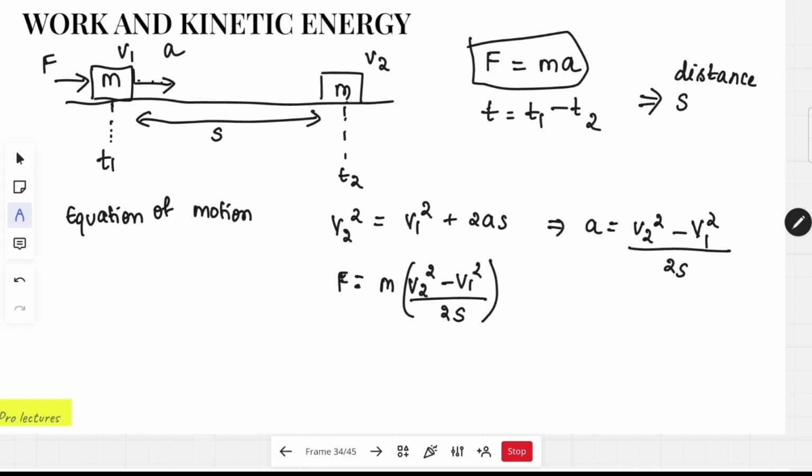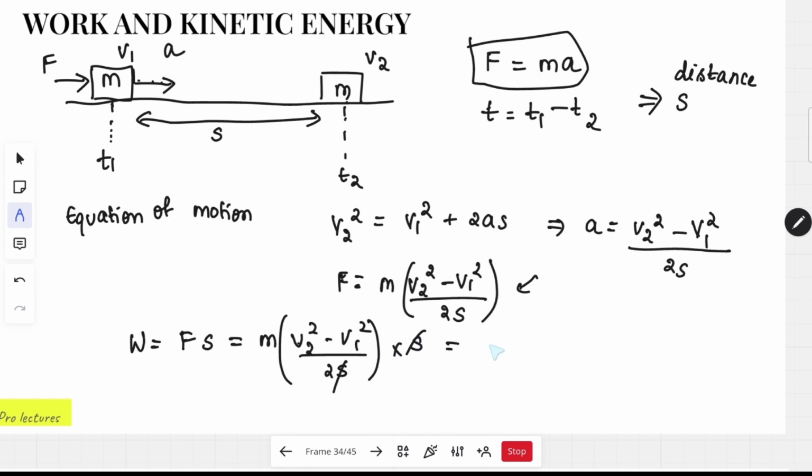Now we know work is equal to force into distance. We know force is equal to m into v2 square minus v1 square by 2s, into s. If we cancel this s, we get half m v2 square minus v1 square, which is half m v2 square minus half m v1 square.